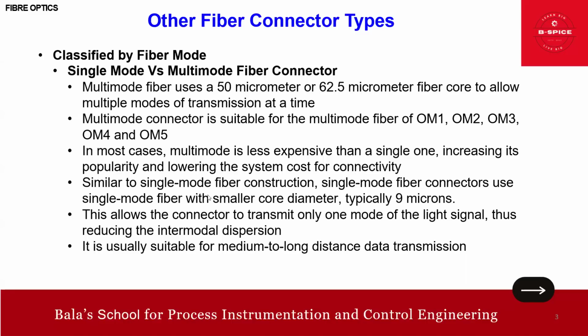Single mode fiber connectors have a small core diameter, which is 9 micron, whereas multimode is 50 micron. Because of the smaller core, single mode only allows the connector to transmit one mode of light signal, meaning we reduce the intermodal dispersion. So it is usually suitable for medium to long distance data transmission. This is about the classification by fiber mode.